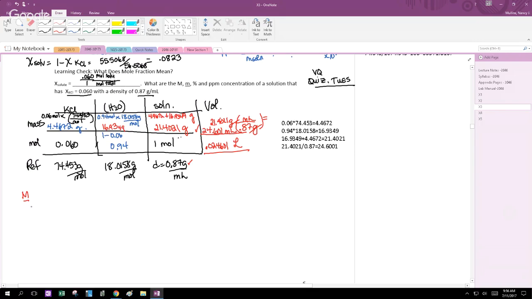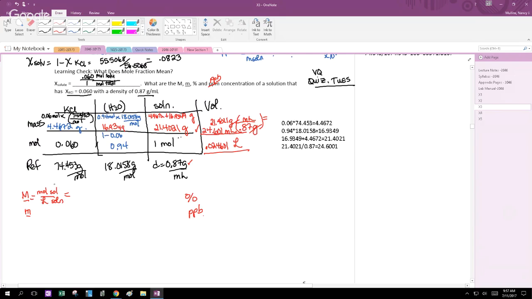So I'm asked for molarity, molality, percentage, and parts per million. Just to mix it up a little bit, we'll make that parts per billion. What's the definition of molarity? Moles of solute per liter of solution.